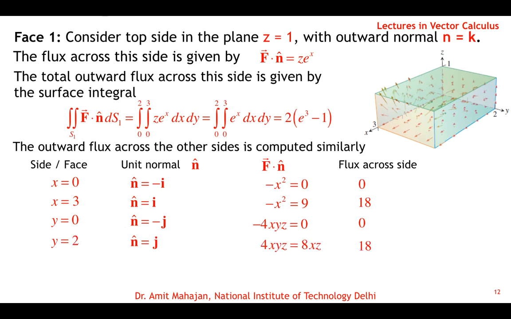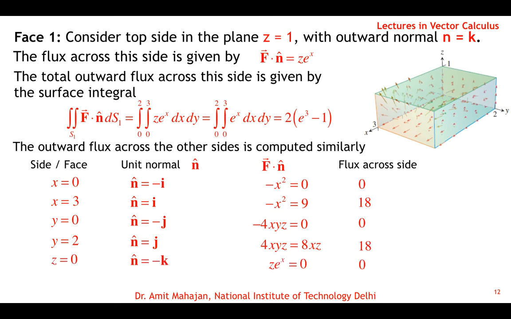On the surface y equal to 2, this front surface here, the unit normal will be in the y direction, so plus j. Again F dot n is 4xyz, with y equal to 2 it becomes 8xz. Now if you double integrate 8xz with x varying from 0 to 3 and z varying from 0 to 1, it will give this value.